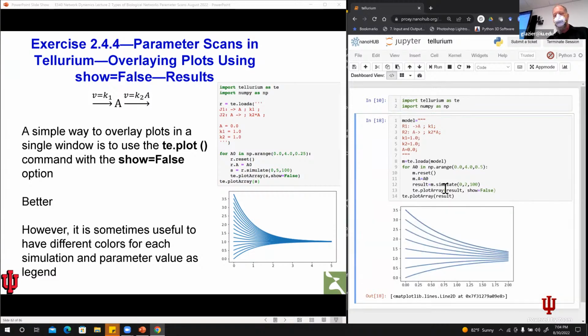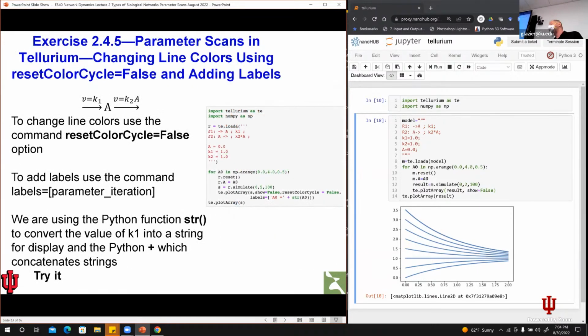Now I said when I change the value of K1, the value of the equilibrium goes up. But they're all blue, so how do I know? It would be nice to be able to change the colors, and there are a whole bunch of options here that I don't always remember. There are just a couple that I would remember. There's a sort of ugly name, which is reset color cycle. Why? I don't know.